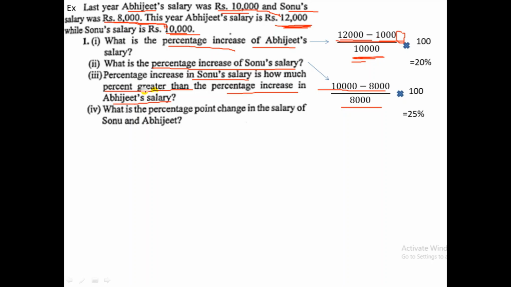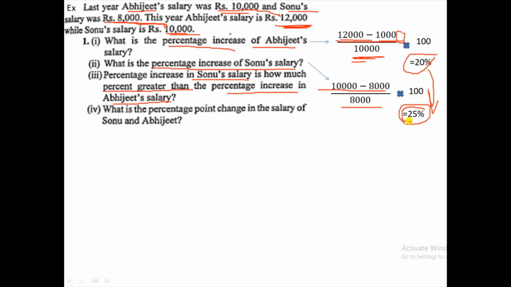Okay, so the next question is: percentage increase in Sonu's salary is how much percent greater than the percentage increase in Abhijit's salary. Okay, quite a different question. Percentage increase in Sonu's salary is 25%.